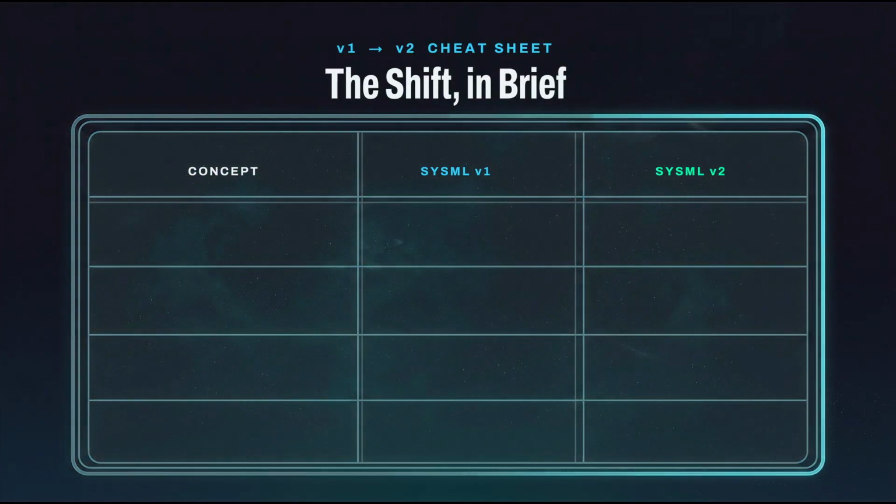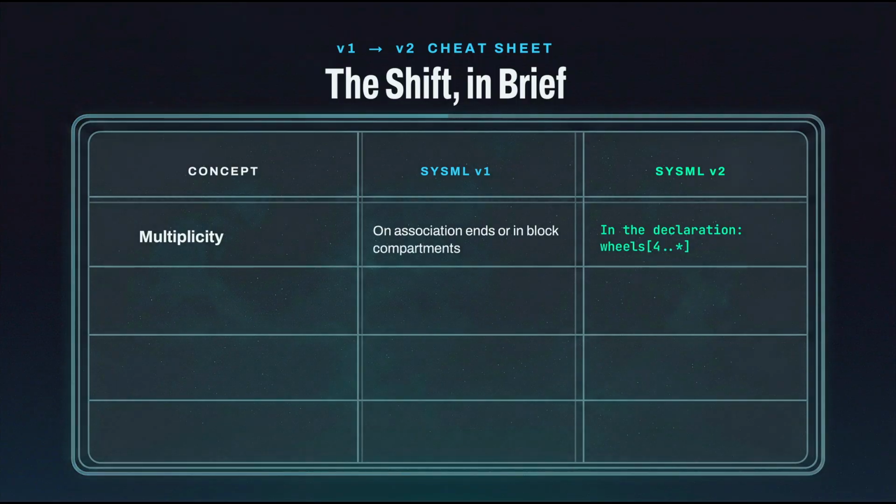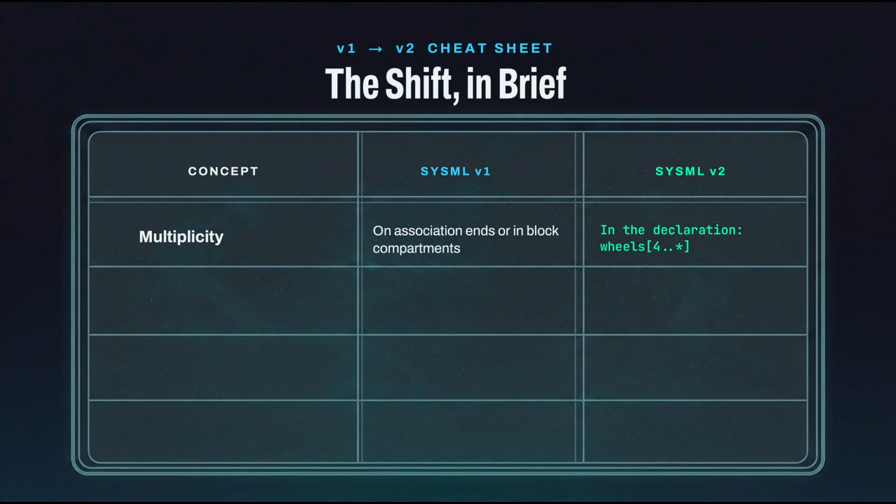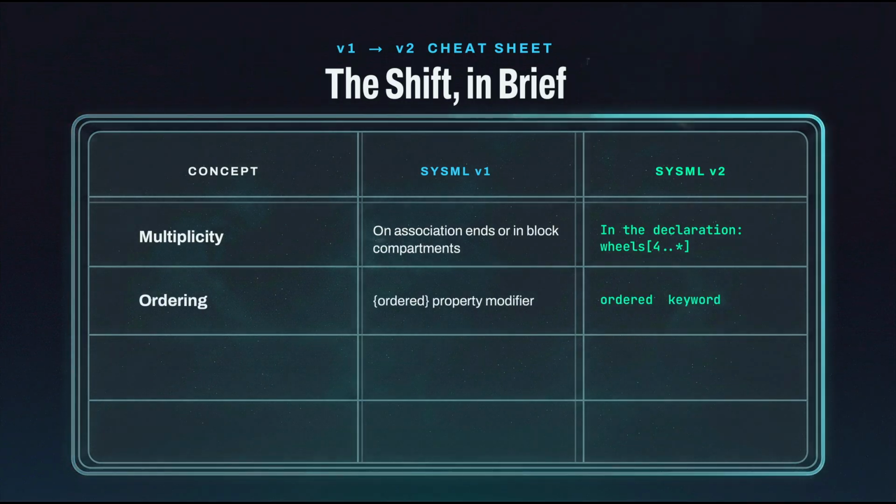Before we wrap up, here is the shift in compact form. In SysML v1, property multiplicities were often treated as secondary text labels rendered on diagrammatic relationships. In SysML v2, the multiplicity is a first-class structural constraint that travels natively with the feature's textual declaration. Ordering is also expressed directly in the language with ordered, rather than a brace-delimited property modifier.